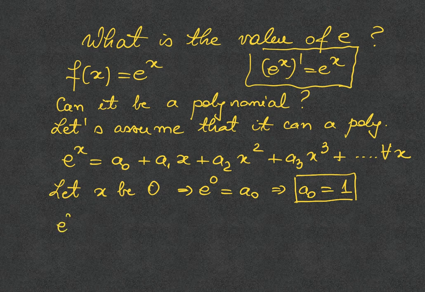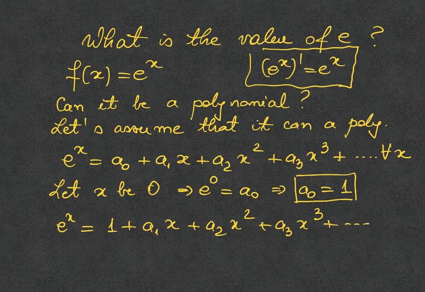So we found that e to the power of x is 1 plus a1x plus a2x squared plus a3x cubed plus so on. I need to find a1 now. I need to find the coefficient such that I find the polynomial. So we are going to differentiate both sides with respect to x.